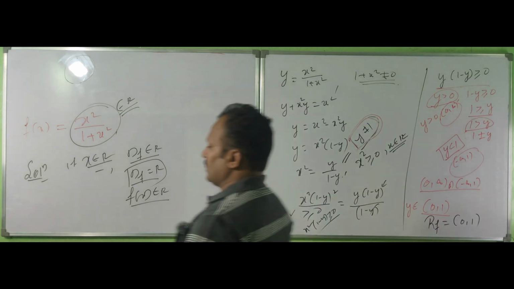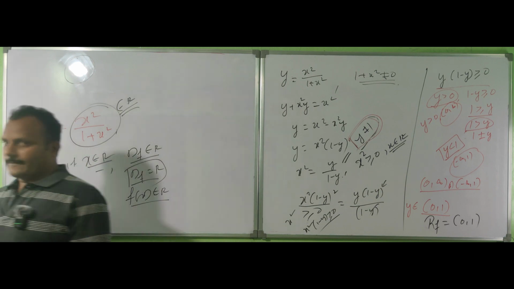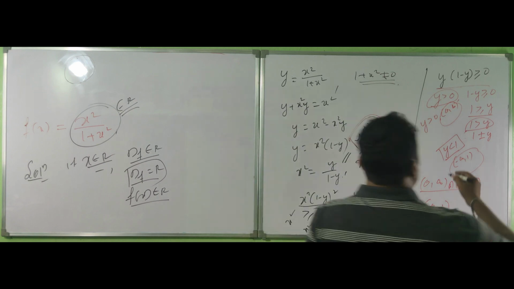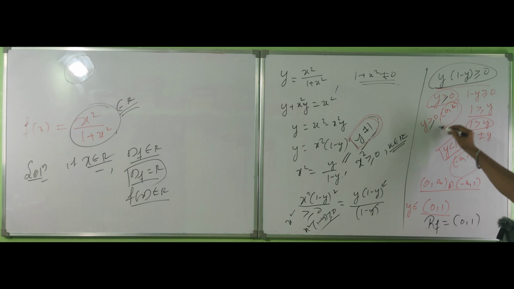Then they given r is the... where... y is maybe greater than or equal to 0 for this function. Therefore, the range is 0 to 1.